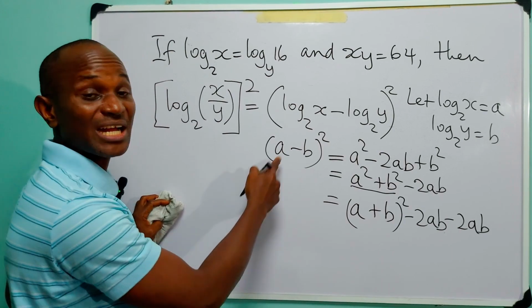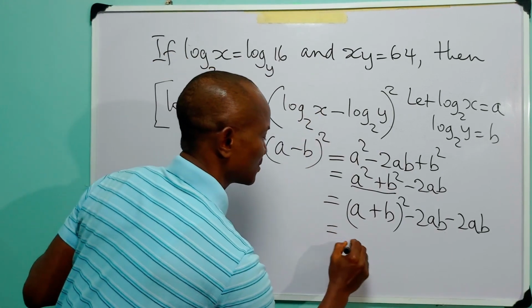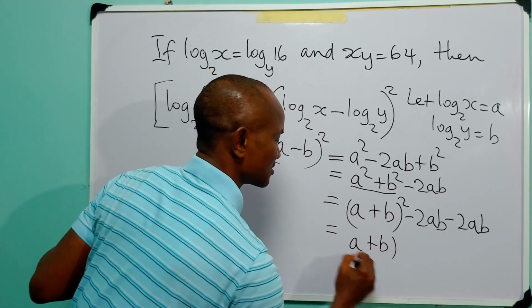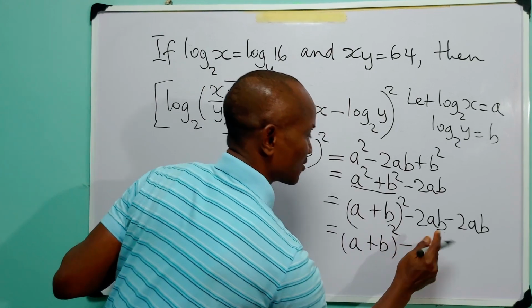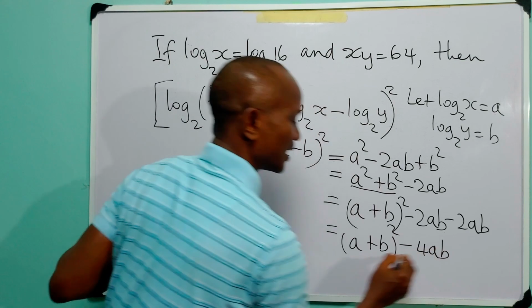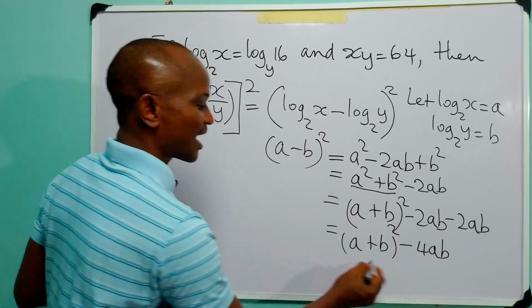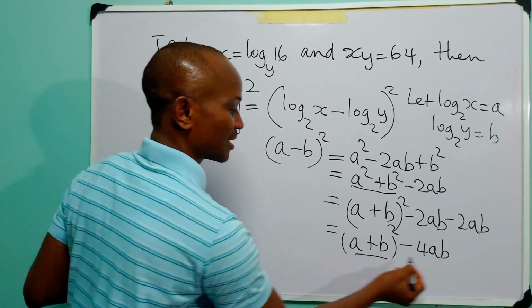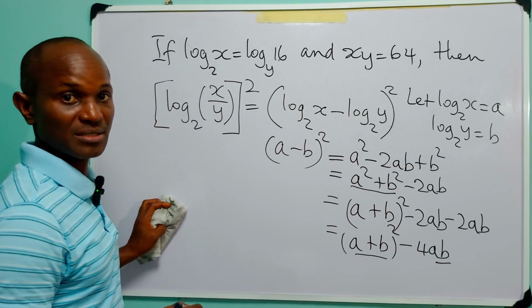So ultimately we have that a minus b squared is equal to a plus b squared minus 2ab minus 2ab, that is minus 4ab. So we have a plus b and we have a times b.